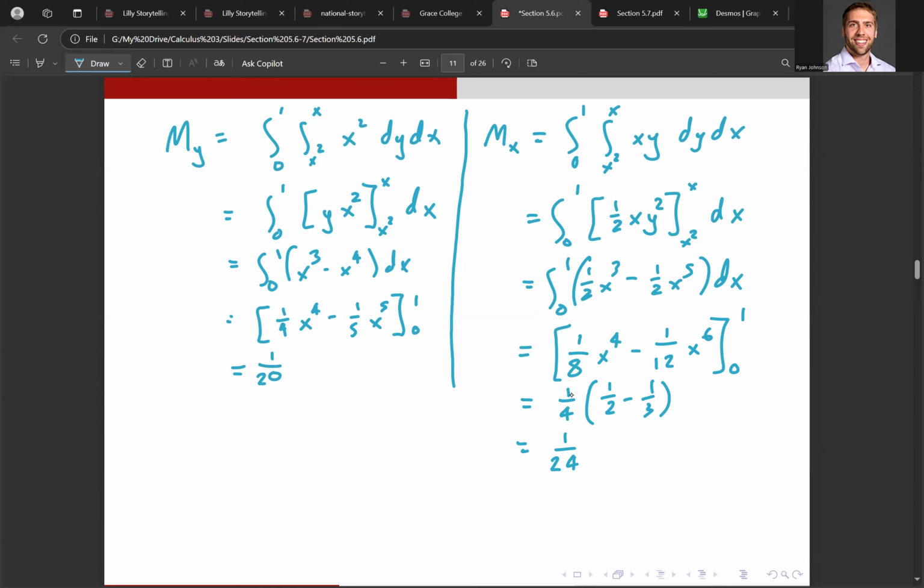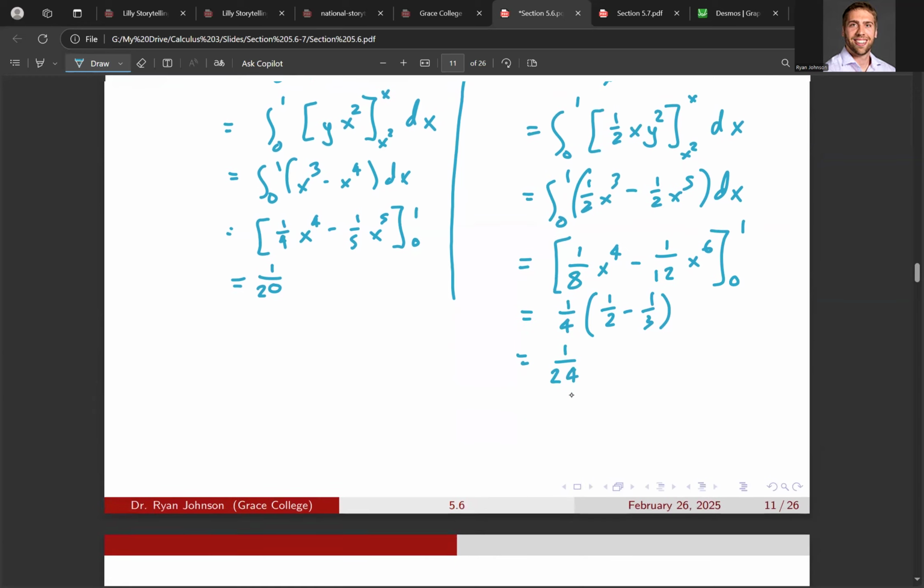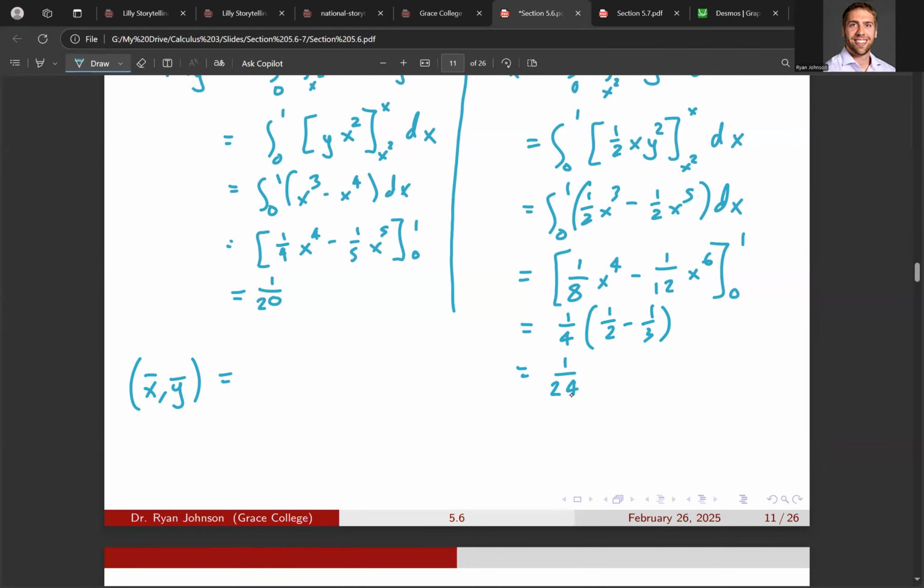So that means, where is the center? The center, basically x bar, y bar, is going to be equal to, so x bar is my over m, and y bar is mx over m.